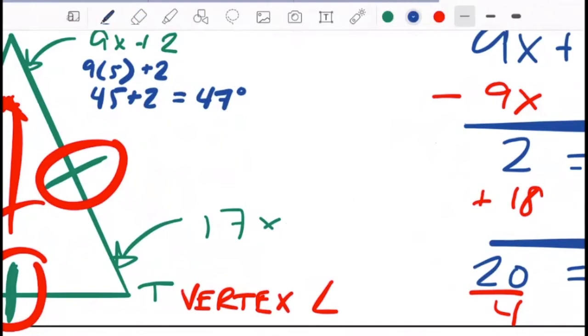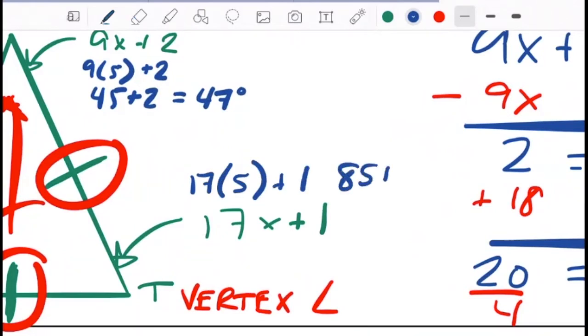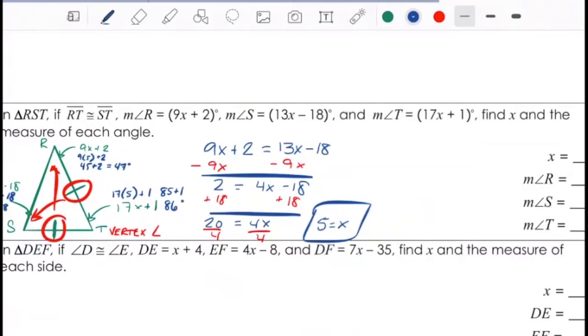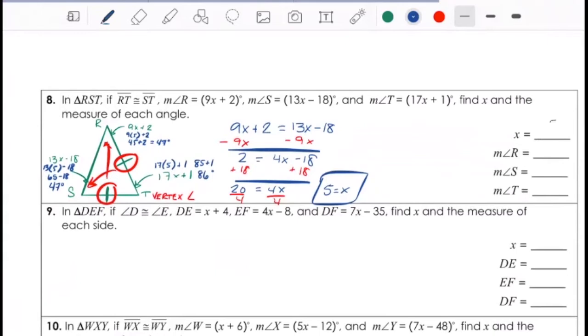So 17 times 5, so 85 plus 1 is 86. So we know the measures are x is 5, R is 47, S is 47, and T is 86.